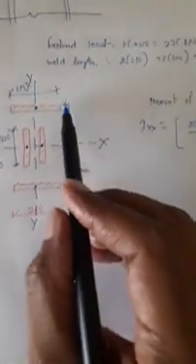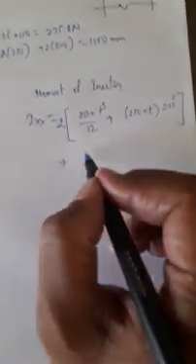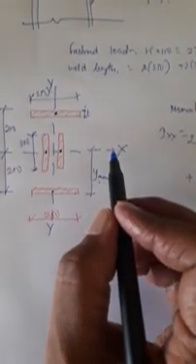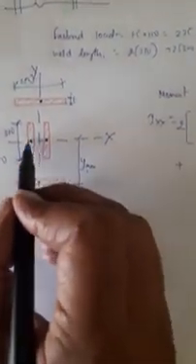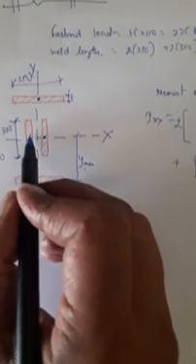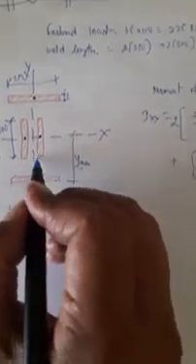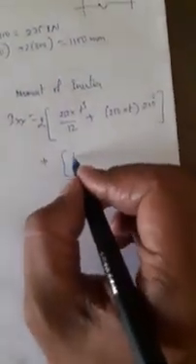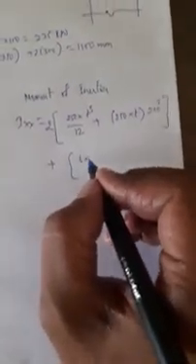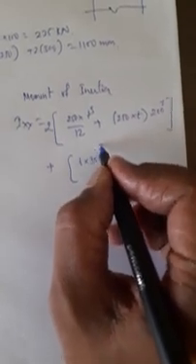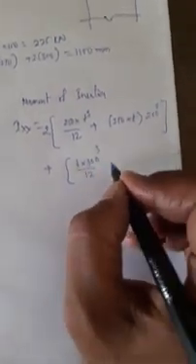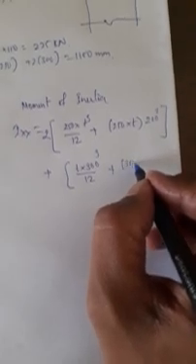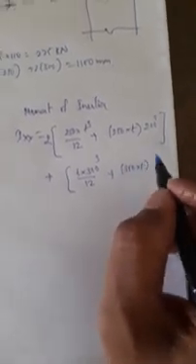If you look at this diagram, elements 1 and 2, so I am going to multiply these values by 2, plus let me write for these. When I am writing IXX, this dimension parallel to XX becomes B and this becomes D, which is nothing but throat thickness T. So this becomes T into 300 cube by 12 plus area 300 into T into distance.